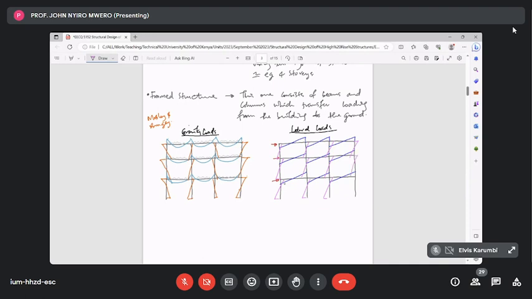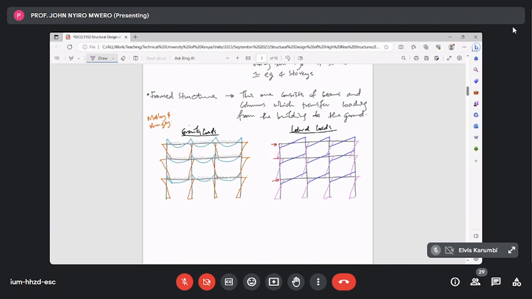Why am I sketching these figures for you? I want to demonstrate to you that a frame structure is actually able to resist both gravity loads and lateral loads. It's able to generate a resistance. So you push a frame structure this way, it will try to push back by an equal and opposite force if the force that is trying to push it is within its load carrying capacity.